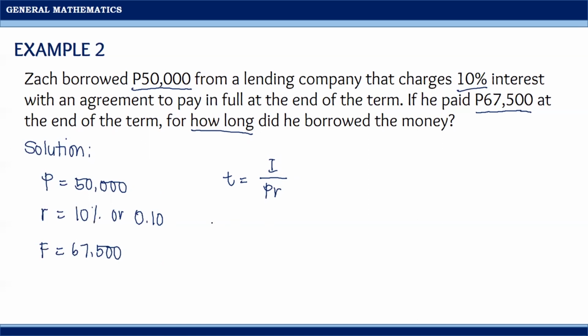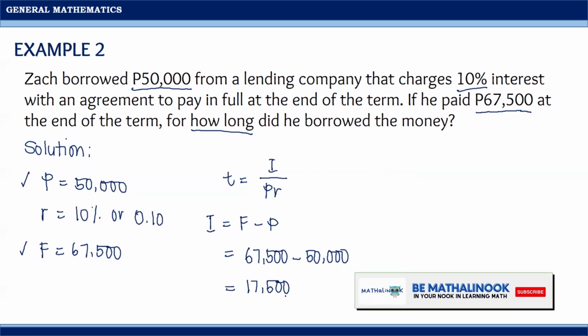Therefore, we need to solve first for I. Since we were given the principal and the future value, we can solve for the interest by subtracting P from F. So 67,500 minus 50,000 gives us 17,500. Therefore, the interest paid by Zach on the borrowed money is 17,500.